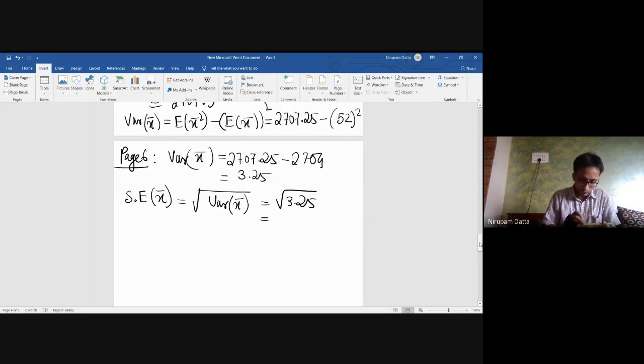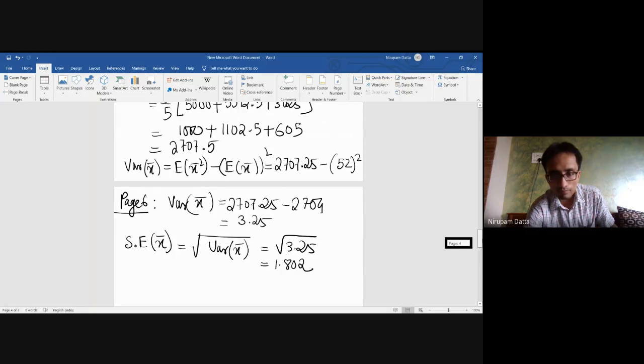Root over 3.25 is 1.802. Okay, this is not 2.5. Just a minute.